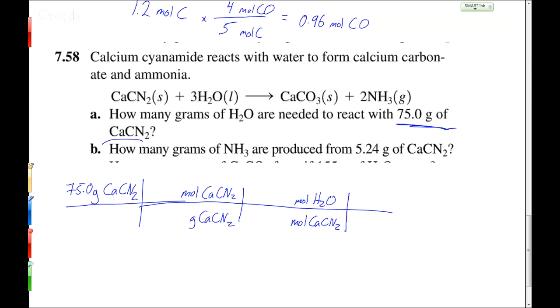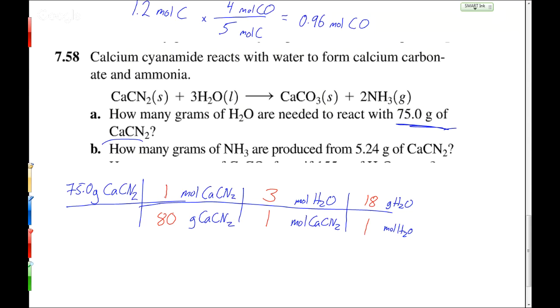And when you do these things, I think it's really helpful, even though it's a little tedious, to label all the units, like grams of this, moles of this. It just stops you from getting confused or from putting the wrong number in somewhere. And when I'm grading it, I'll see, oh, everything's okay, but they just put the wrong compound there or something. And then you won't lose as many points.